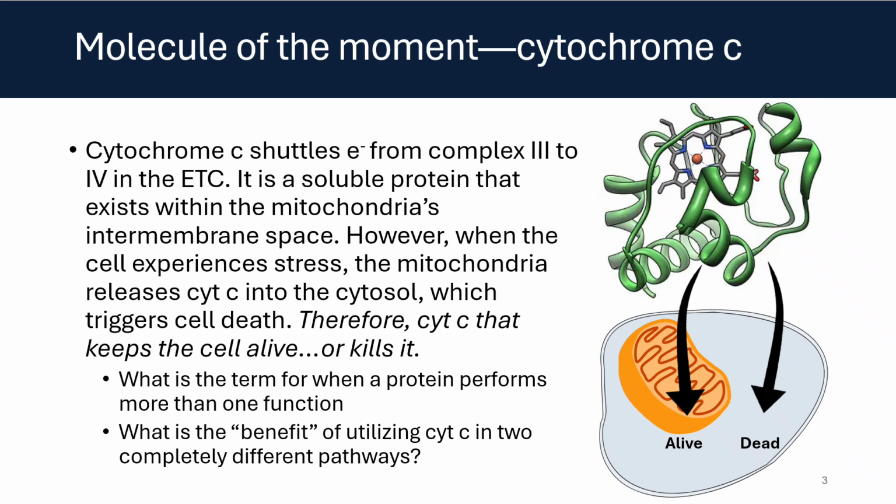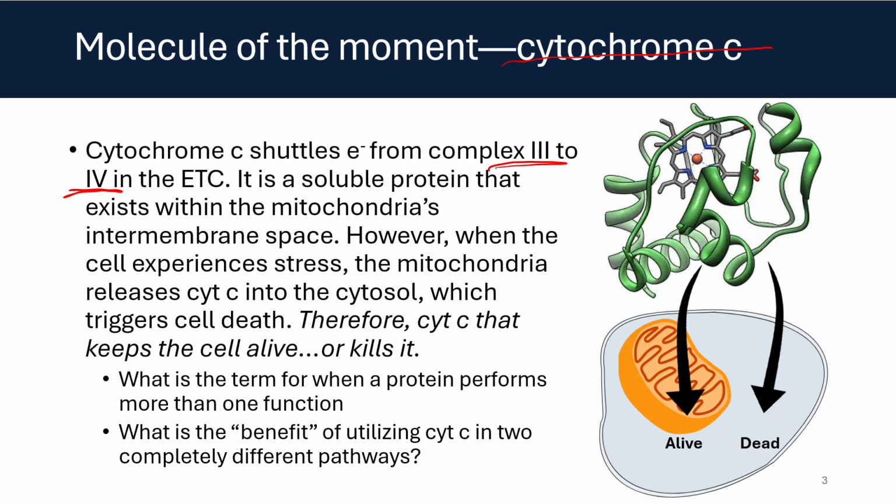The molecule of the moment should look familiar. It's cytochrome C. And cytochrome C, if you recall, shuttles electrons from complex 3 to complex 4 in the electron transfer chain. It is not membrane bound, it's kind of membrane associated. It's a soluble protein that exists within the mitochondria's intermembrane space.